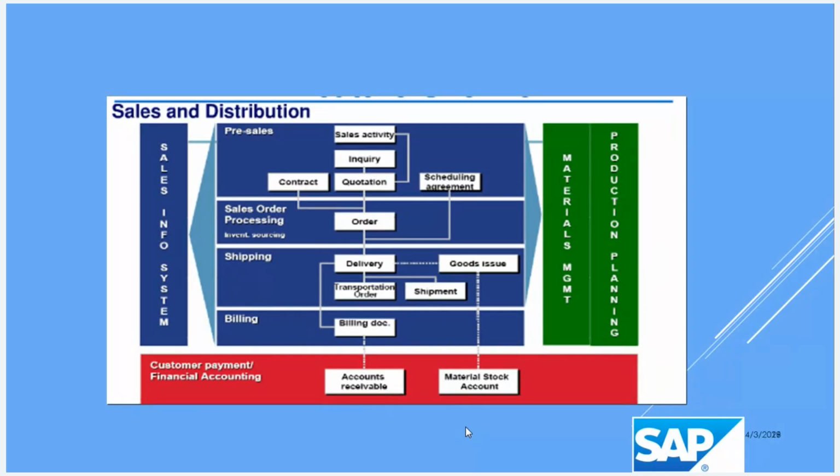Now, sales and distribution. If you see, this is how the sales and distribution process happens. This is the sales information system. There is a pre-sales activity, which means before selling, like inquiry and quotation. We also do inquiry and quotation, right? We do a lot of inquiries on Amazon, Flipkart and all those things online.